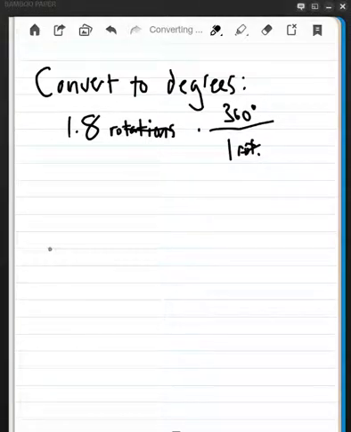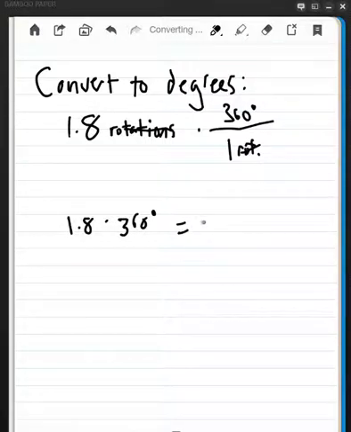So we can rewrite this as 1.8 times 360 degrees, all over 1, but anything divided by 1 is just itself. And if we do this multiplication problem out, we get that is 648 degrees. Okay. So that's the equivalent of that angle in degrees.